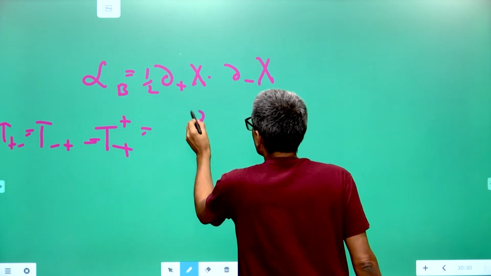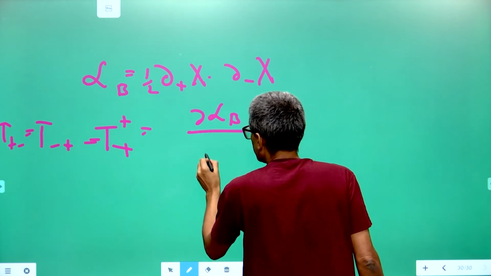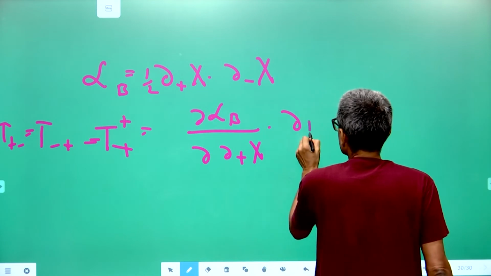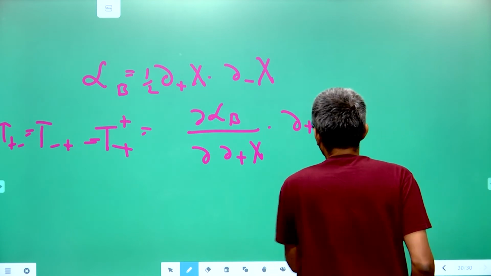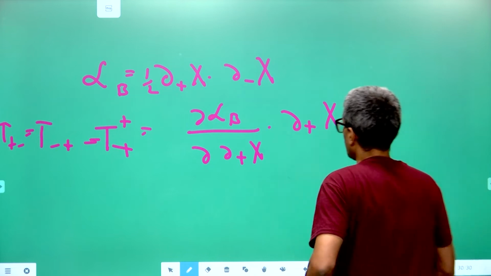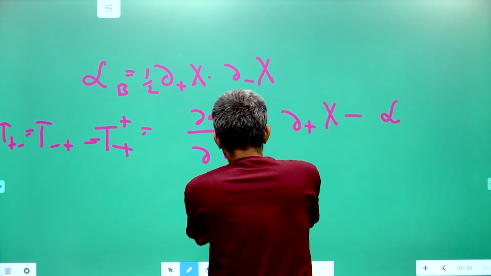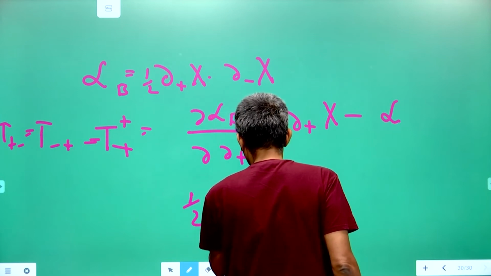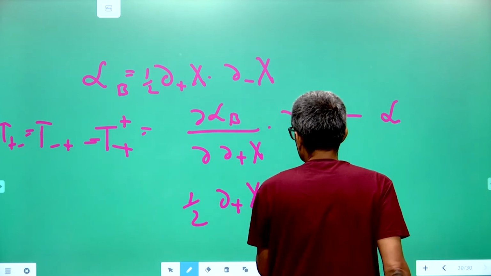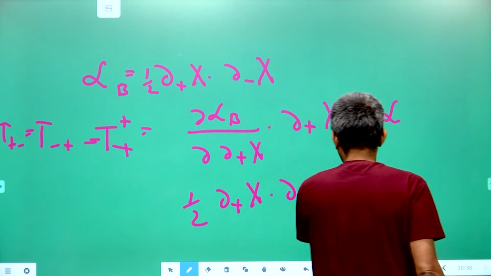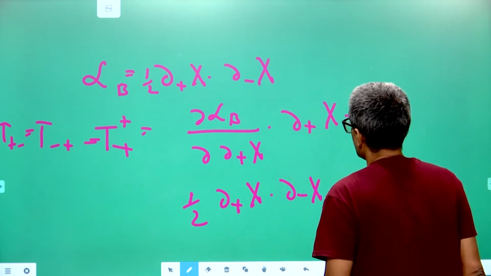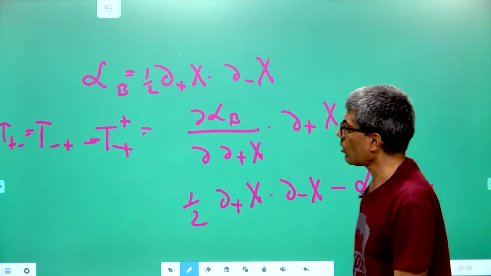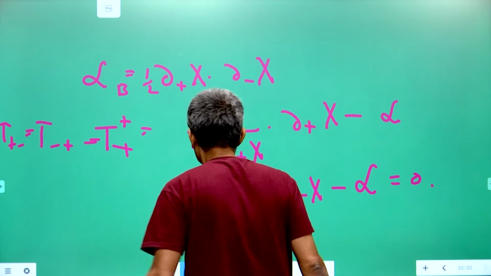You will get dou L_B by dou plus x times dou plus x, minus L, and dou L by dou plus x will give you half dou minus x. So it will give you dou plus x dou minus x minus L, which is 0 because L is the same as this.